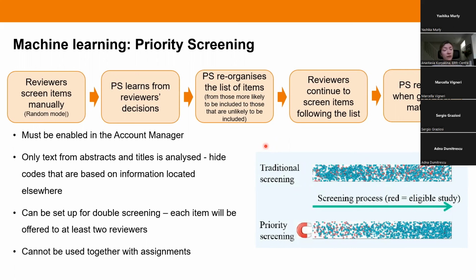So the machine learning algorithm learns from your decisions and reorganizes the list in a more intelligent way, so that you get all or most includes at the very beginning of the screening process, instead of screening in a random mode where you can come across possible includes at any point in time.